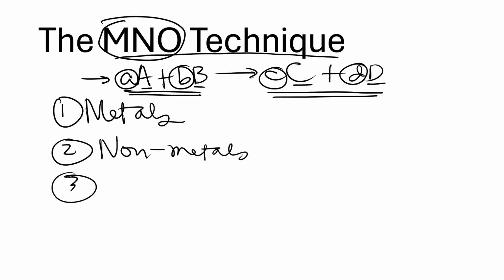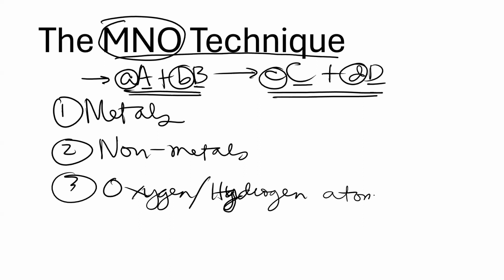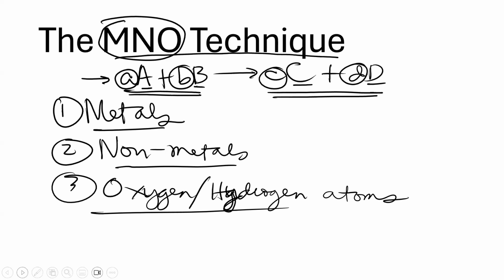And the third and last would be oxygen and hydrogen atoms. So by following the steps M, N and O, we will be able to have an easy time balancing chemical equations. And for sure, you would not hate this topic anymore.